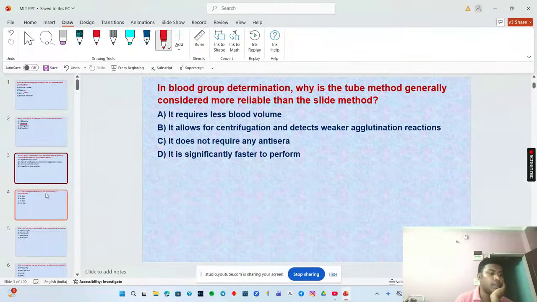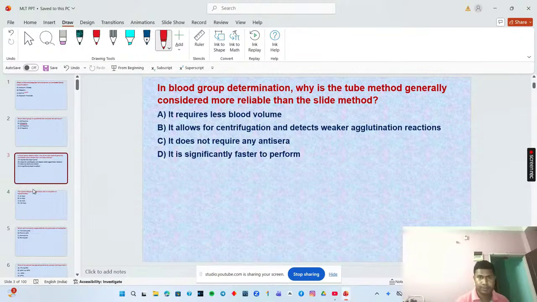Here the question has been asked: in blood group determination, why is the tube method generally considered more reliable than the slide method? The answer will be option B: it allows for centrifugation and detects weaker agglutination reactions.